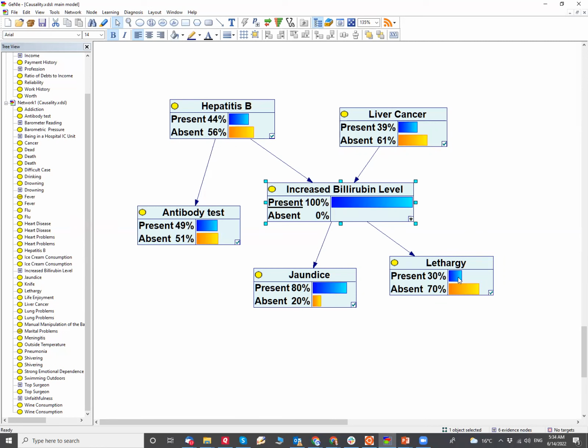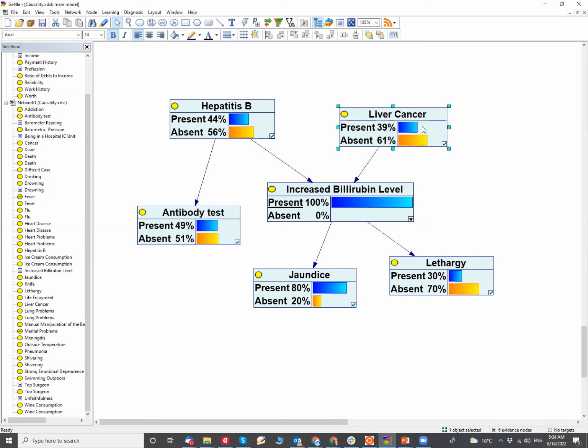But now, if I observe lethargy, it tells me nothing about the jaundice, because jaundice is caused only by bilirubin level. Lethargy or not doesn't change anything. When I observe lethargy, nothing changes here because bilirubin level is making them independent, screening them.